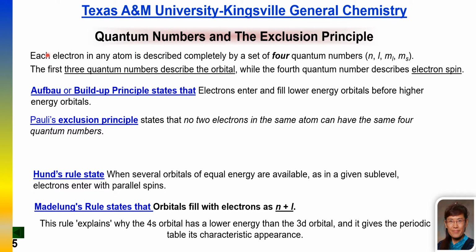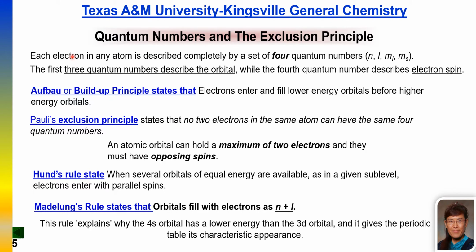In order to distribute the electrons into the atomic orbitals, we need different rules. First of all, the electrons in an atom are described completely by a set of 4 quantum numbers, n, l, ml, and ms. This is called the quantum number set.